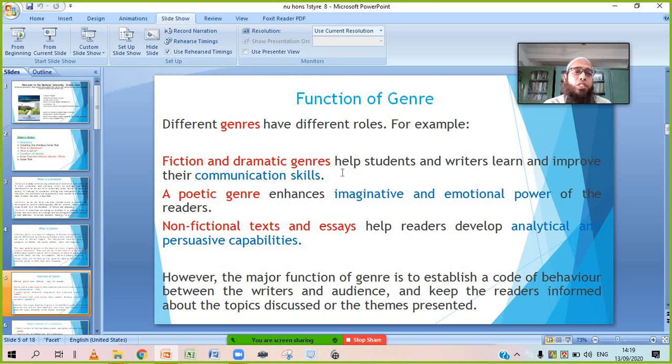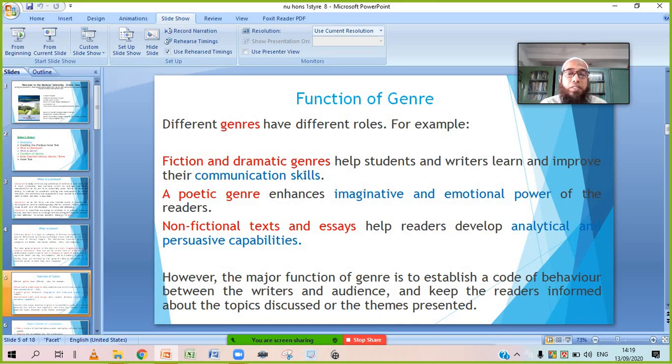Not only students of literature, students from other disciplines may also read drama, may read novels. Students of science, who are studying physics, chemistry, also read novels. They also read drama. Why? For interest. Of course, they read for interest, but what do they develop? What is their benefit? Fiction and drama develop communication skills.